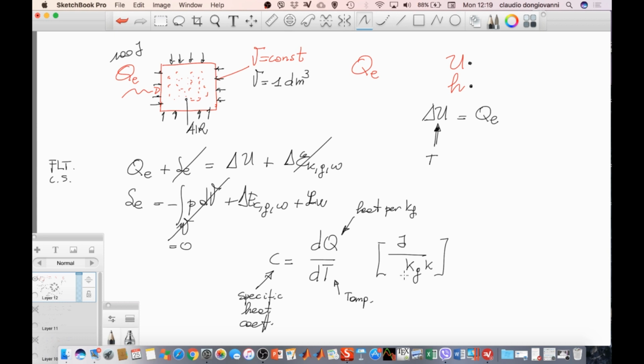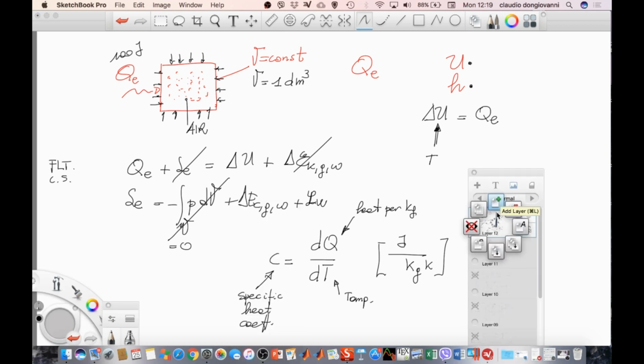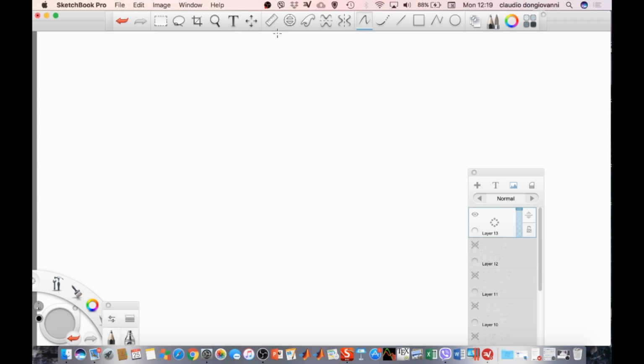Perfect. This is the general definition of C. Now, we can define many C by changing the process, okay? Along a constant volume process.